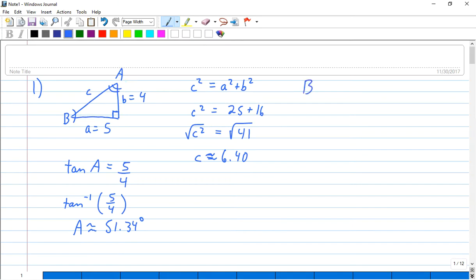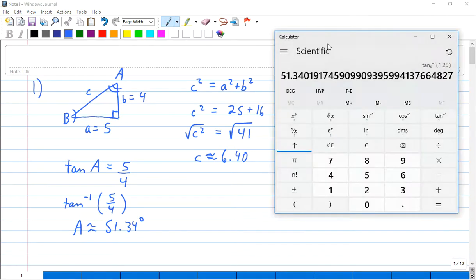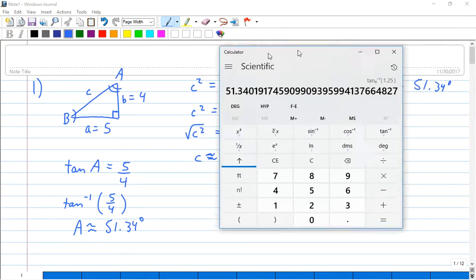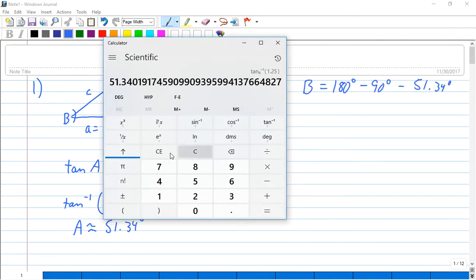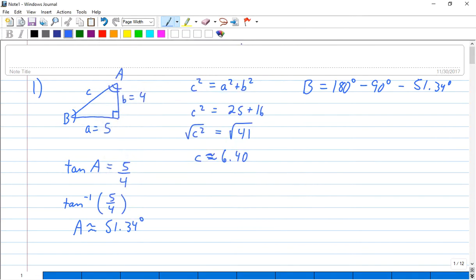That's the easiest way. So angle B would be 180 degrees minus 90 degrees, because this is 90 here, and then minus 51.34 degrees. So that's just going to be 180 minus 90 is 90, minus 51.34 gives me 38.66.